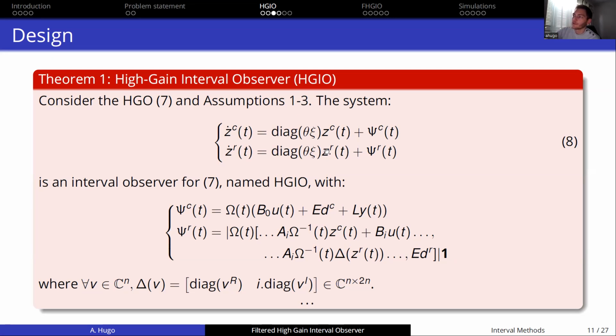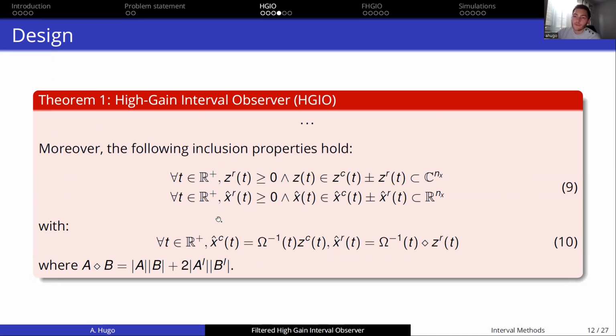We have the state matrices that are Hurwitz and Metzler by construction, and some additional inputs that differ between the two dynamics. The center will estimate, I would say, the nominal part of the system, whereas the radius will take into account all the uncertainties we have for our system.